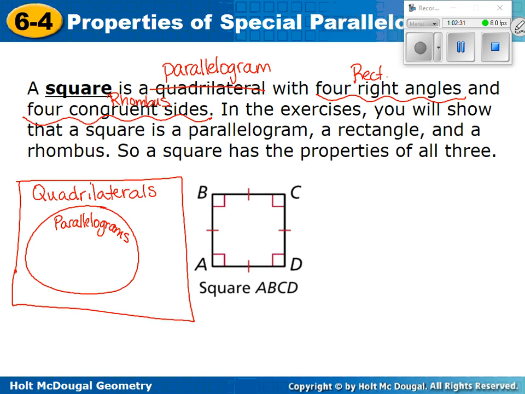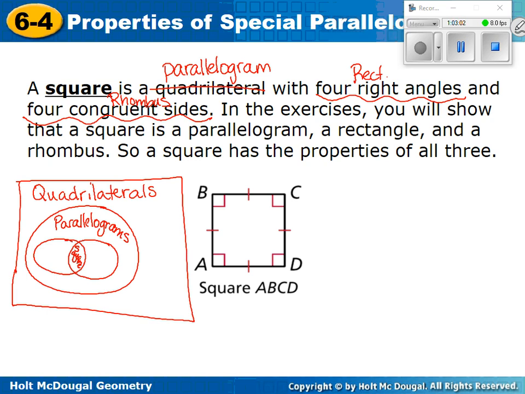So inside your parallelogram box, you're going to draw 2 overlapping circles. Which shape needs to go in the overlapping part? The square. So inside this little circle, we have our squares. And I drew my box too small, so you may have to make yours a little bigger than I did. Do whatever you want to in your little Venn diagram, but mine's not quite big enough.